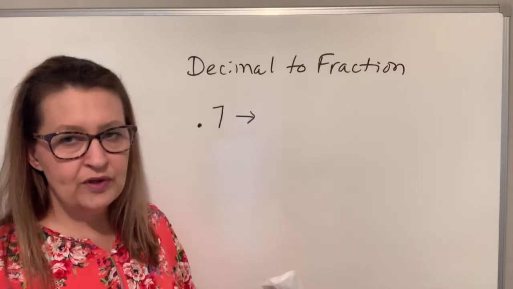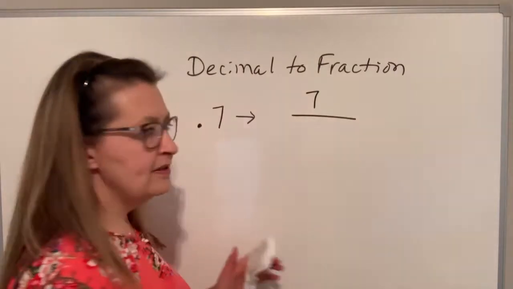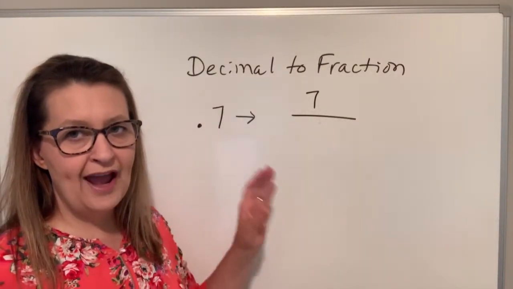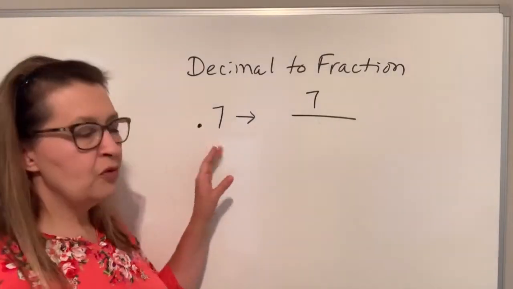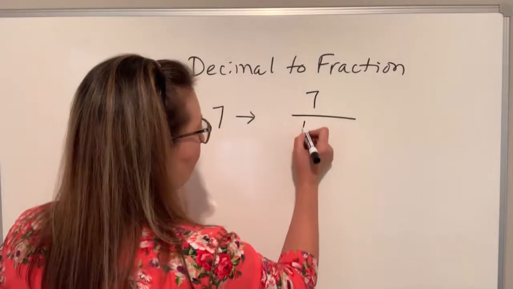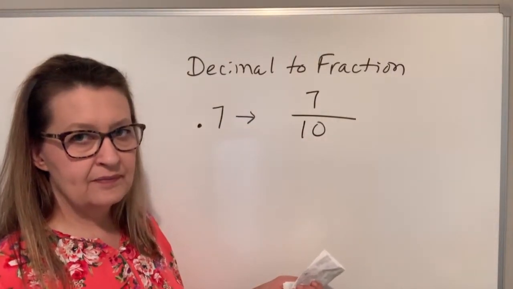That means 1 with some zeros. So here's your number. Now, how many zeros you put depends on how many places you have after the decimal. In this decimal, we've got 1 number to the right of the decimal, so we're going to need 1 zero. So fraction form would be 7/10.